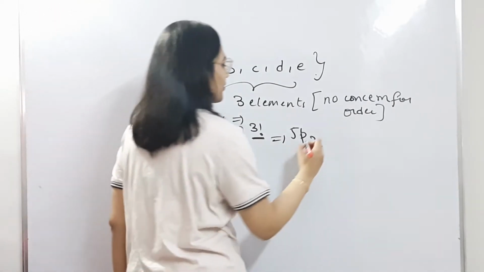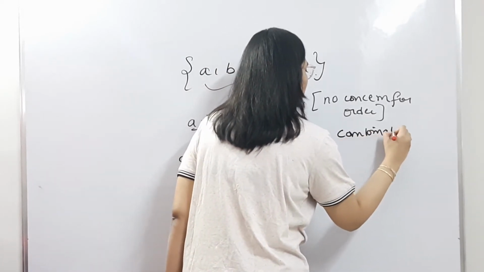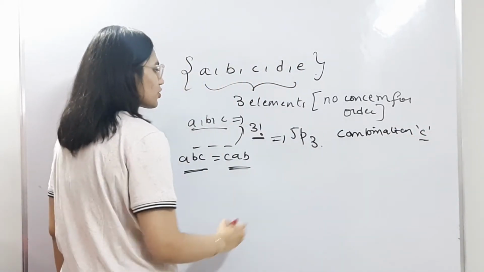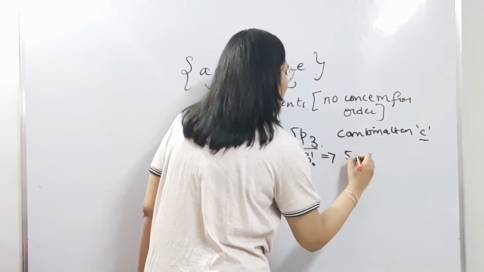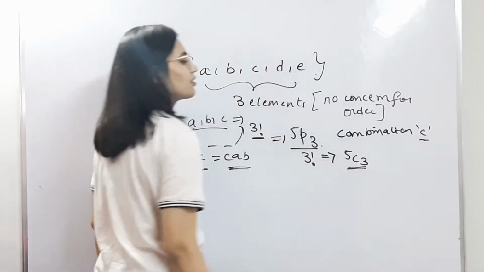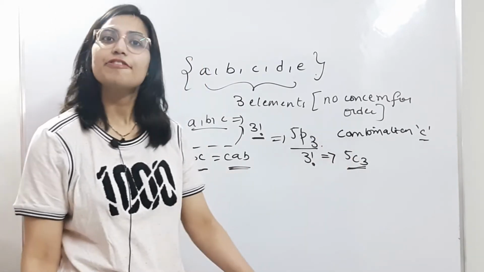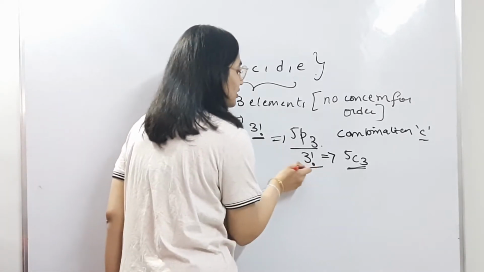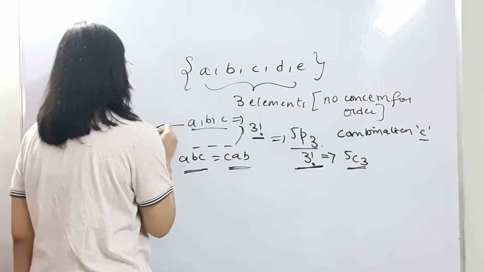That is where we use combination, denoted by C. So if we divide this by 3 factorial, we will get 5C3. That is, we choose 3 objects from a set containing 5 objects. We don't consider order. Why 3 factorial? Because how many different ways can you arrange these?